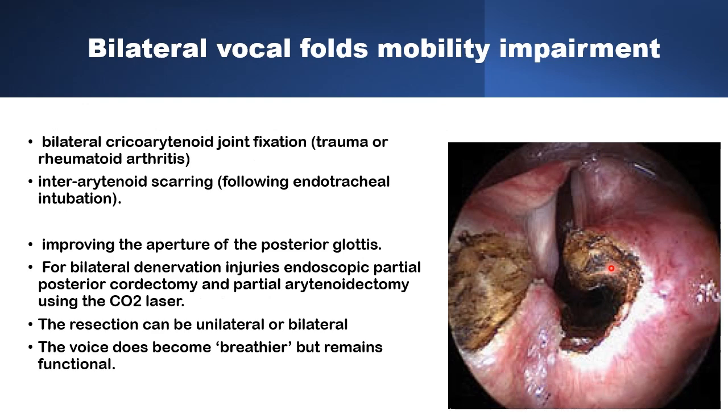The cordotomy operation can be used in other conditions, including bilateral cricoarytenoid joint fixation due to trauma or due to rheumatoid arthritis. Can also be used with interarytenoid adhesions, posterior glottic adhesions, following, for example, endotracheal intubation. The cordotomy procedure would create enough airway, particularly if it is done bilaterally.